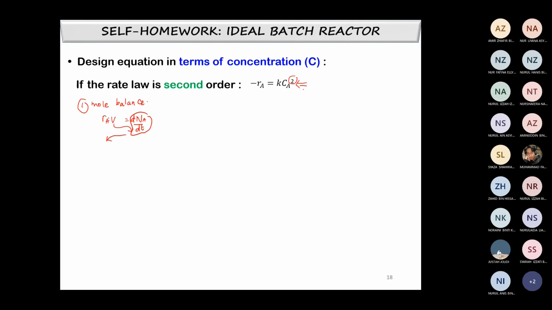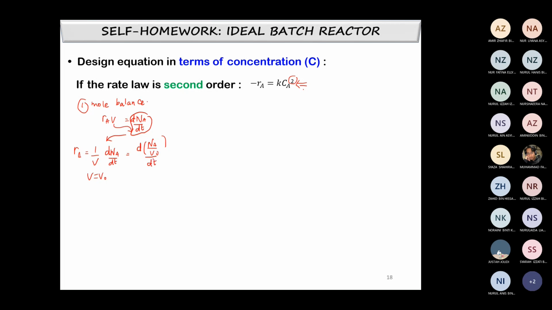Put this one at V, because RA is no problem since it already has kCA squared. So it will become RA equals 1 over V, dNA over dt. From here you have V, because V is equal to V naught, so V we can bring up: d of NA over V naught over dt.